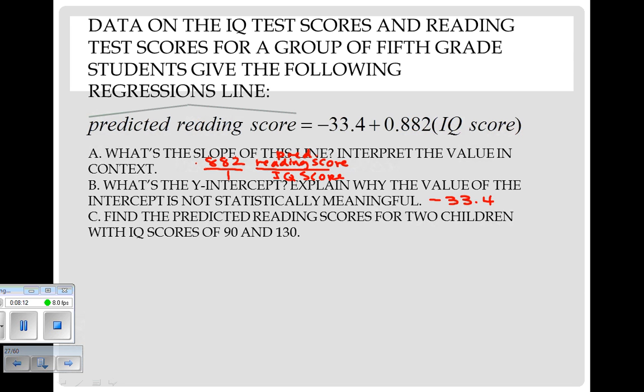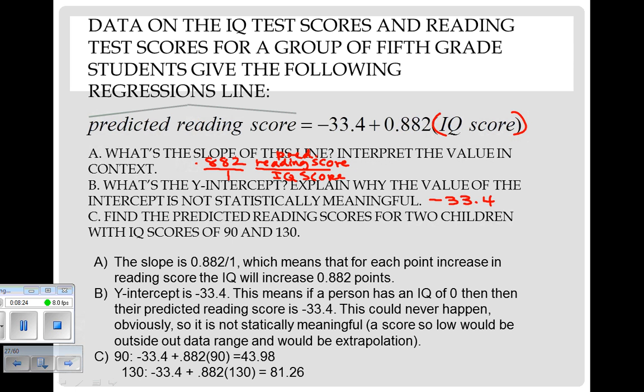And find the predicted reading scores for 2 children with 90 and 130. So you're going to plug those 2 values in right here and get outputs of 43.98 and 81.26.